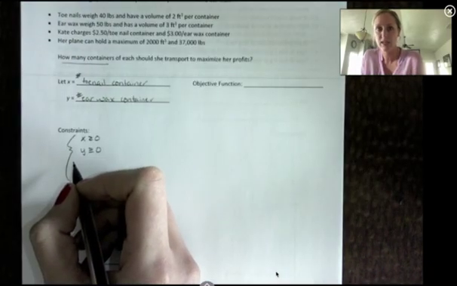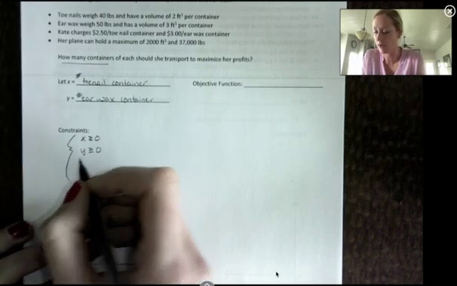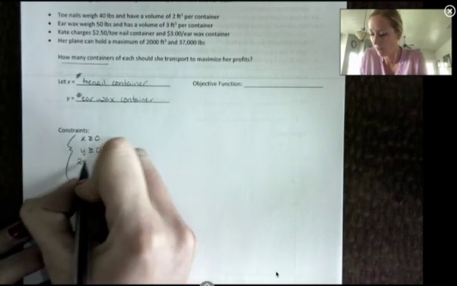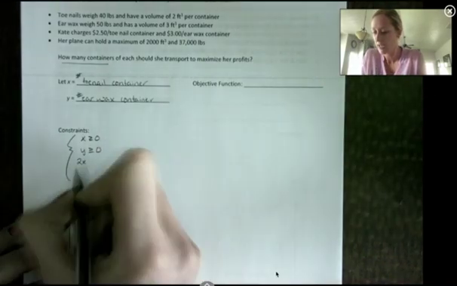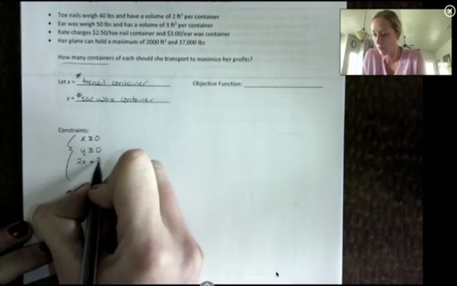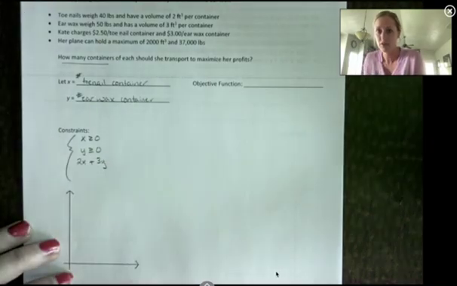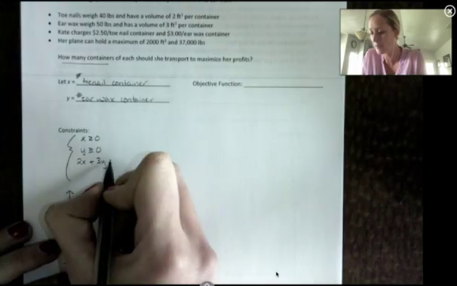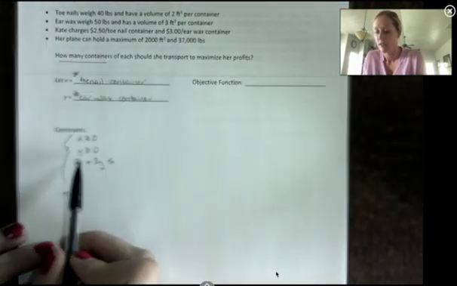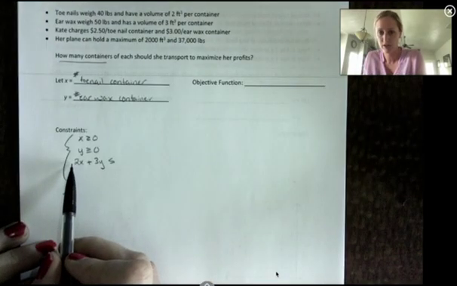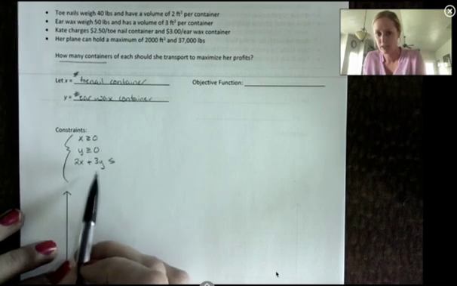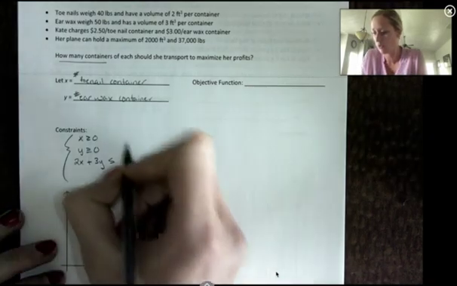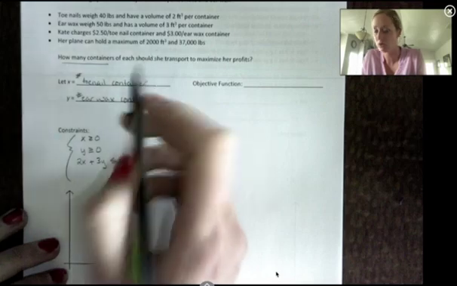The toenails have a volume of 2 cubic feet per container, so 2x, and the earwax containers have a volume of 3 cubic feet per container, so 3y. The volume for each toenail container and the volume for each earwax container must be less than or equal to the volume that the plane can hold, which is 2,000.